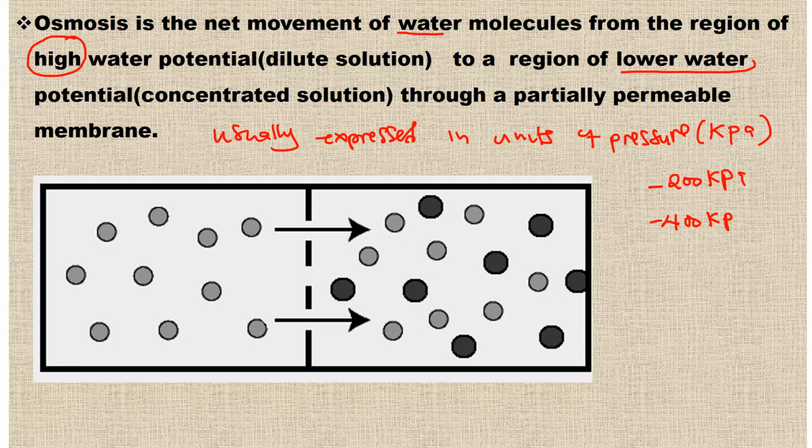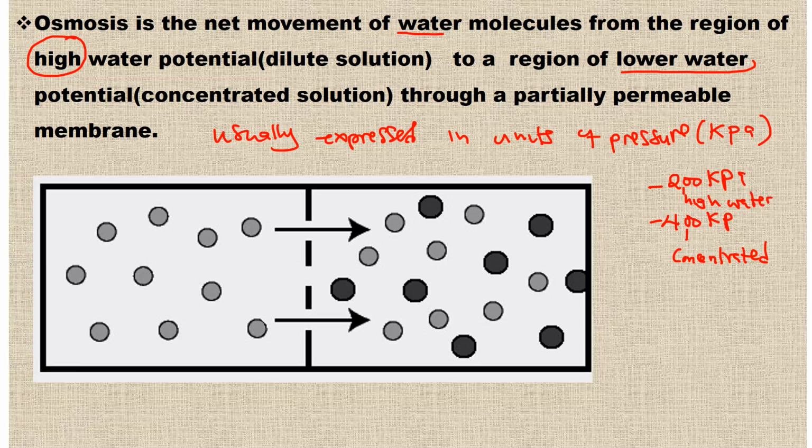The more negative the value of pressure is, the lower the water potential. So in other words, negative 400 is concentrated. It has lower water potential because it's more negative. Then this one, negative 200, has high water potential.